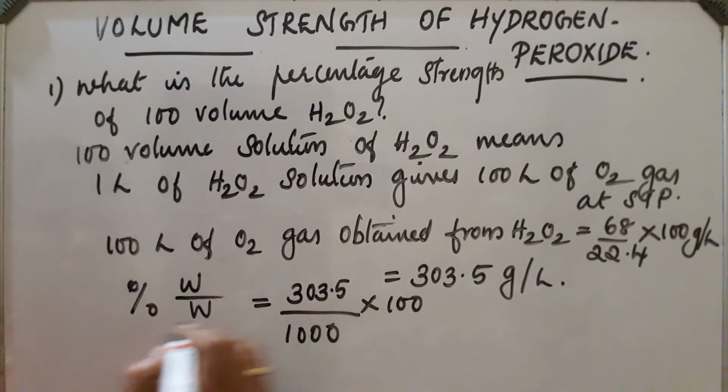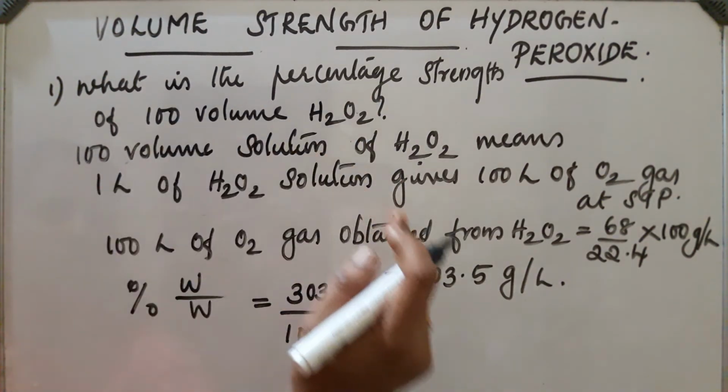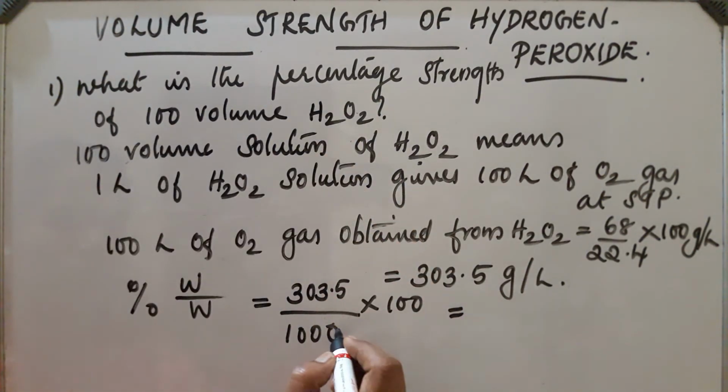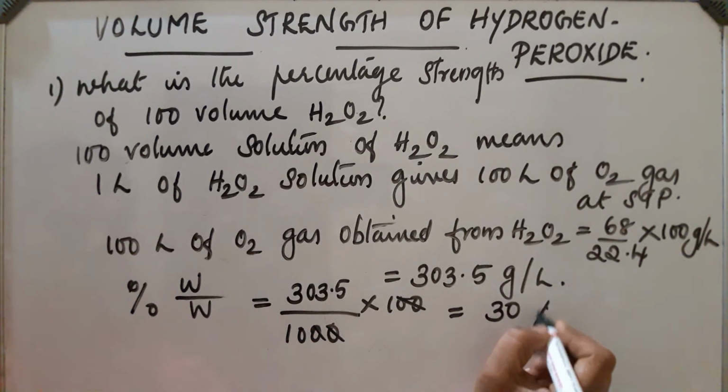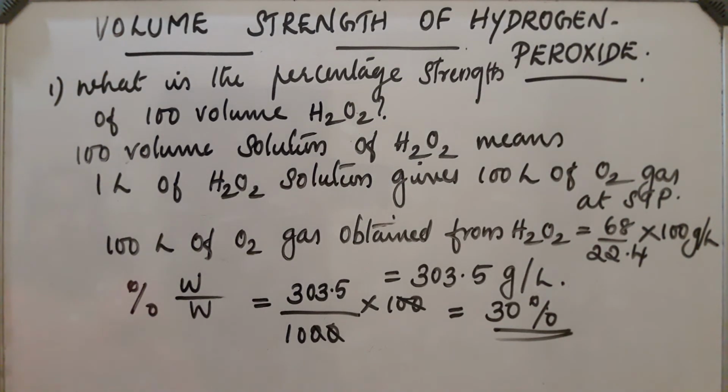This is equal to 30%. This will be the percentage strength of 100 volume H2O2 solution. So 30% H2O2 solution.